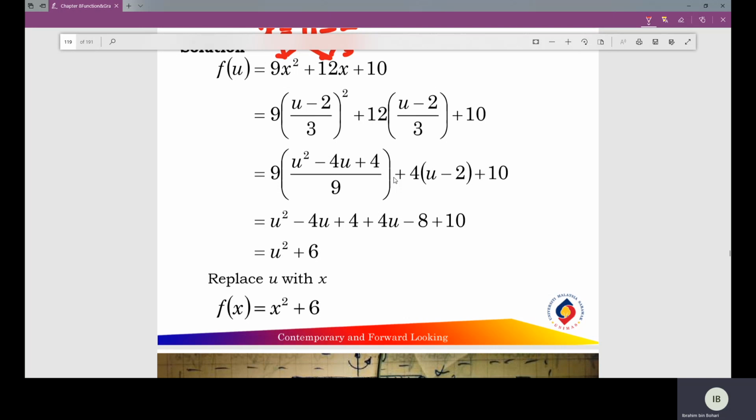And then you solve the equation, and here 9 over 9 equals 1: u squared minus 4u plus 4, plus 4u minus 8, plus 10. Now, f(u) equals u squared plus 6. And you replace u with x, and f(x) equals x squared plus 6. Okay, settled. Question 2.